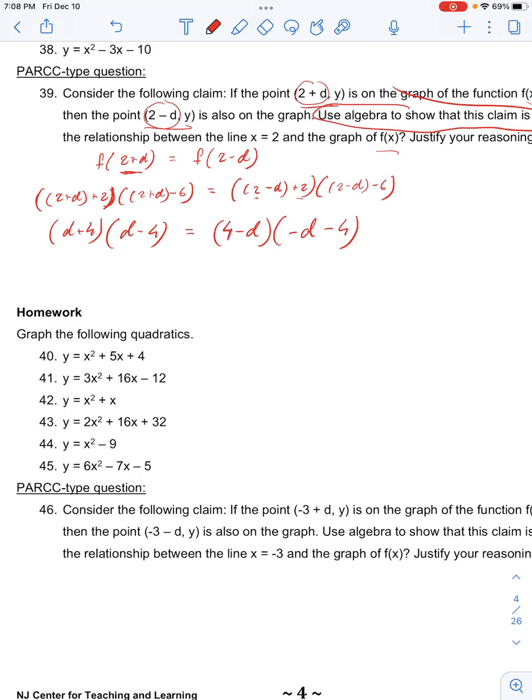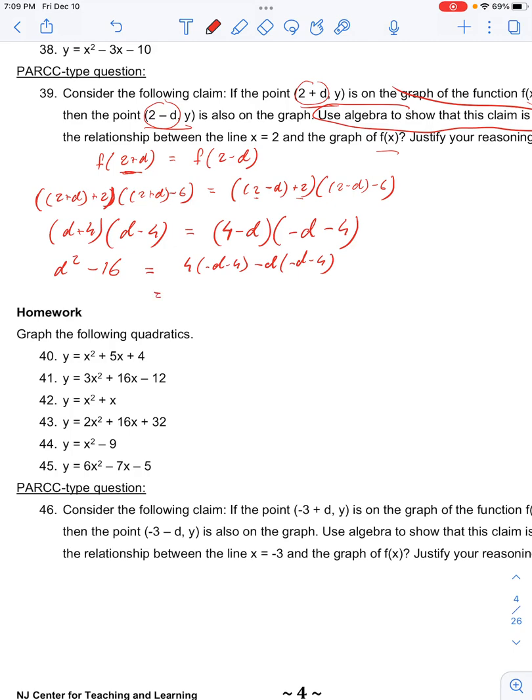So multiplying this out, we'd have d squared, then plus 4d, then minus 4d, so it would be a net 0d, and then minus 16, because it's the product of a sum and a difference. This is equal to, let's just brute force it, 4 times (-d - 4) minus d(-d - 4).